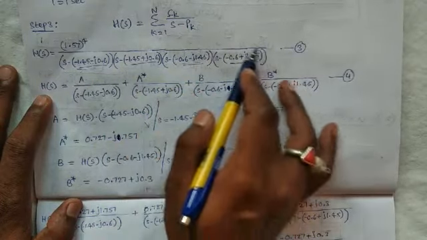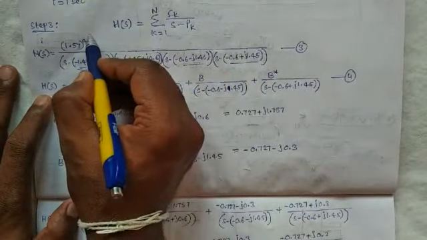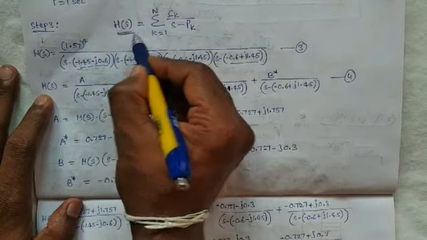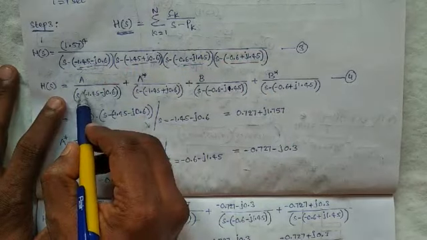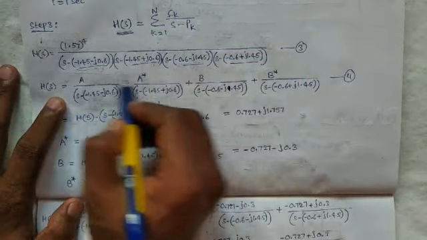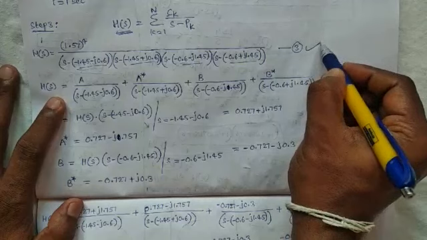In the third step we express H of s as a sum of single pole filters, obtained by applying partial fractions to equation 3.